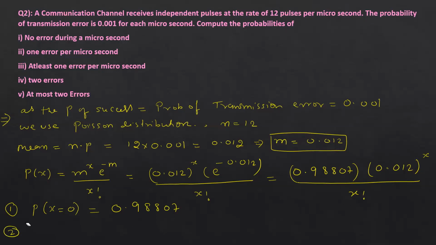Second, I can go to the next page. Next is 1 error per second. So I have to find probability of x is equal to 1.